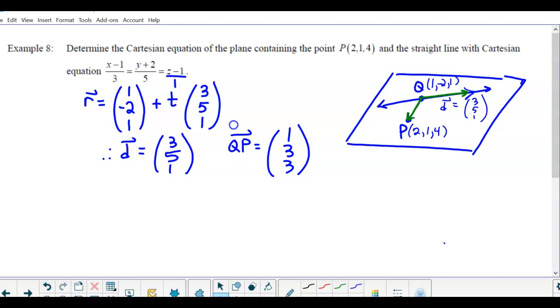Then find the normal between the direction vector and PQ. We get the Cartesian equation.